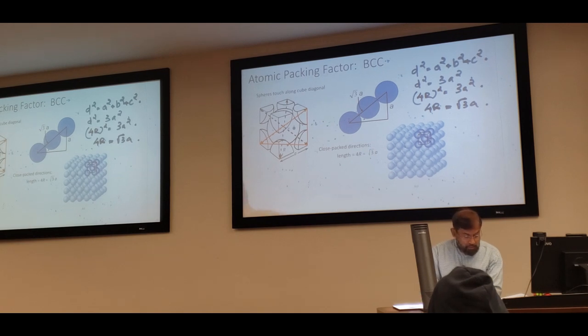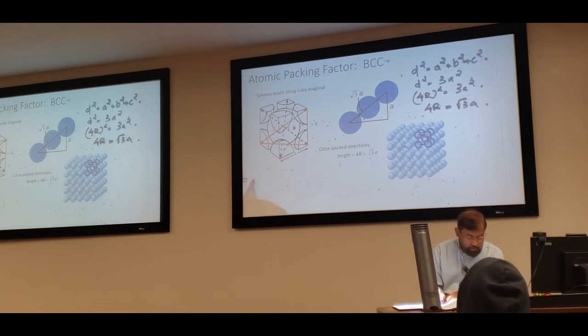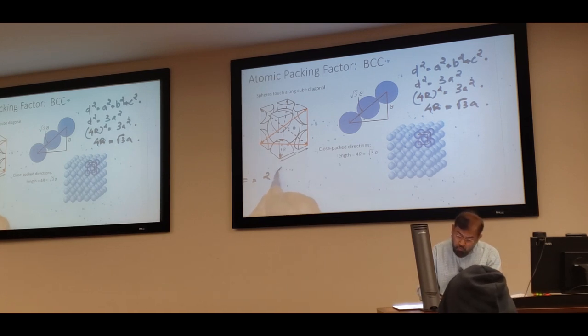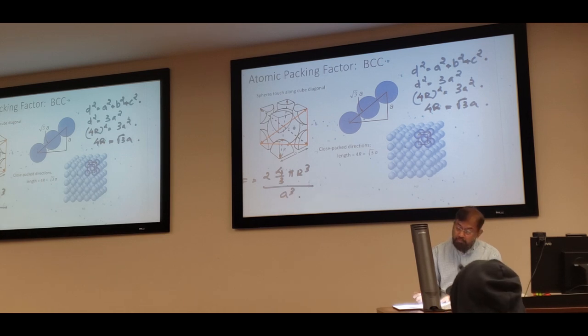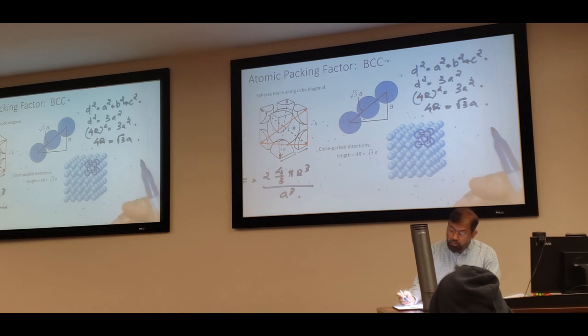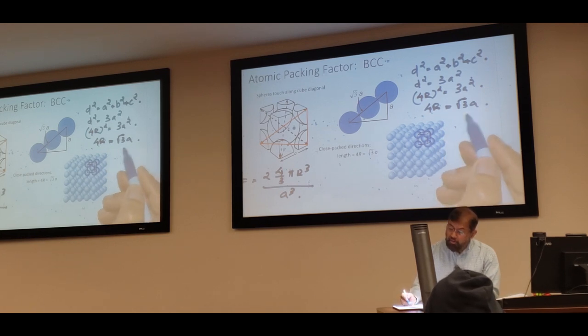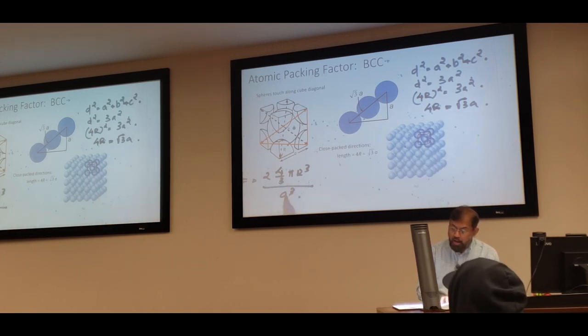Now, what is the atomic packing factor? It is equal to 2, the number of atoms, into 4 over 3 pi r cube over a cube. From here you can find either a or r, substitute it and solve it.